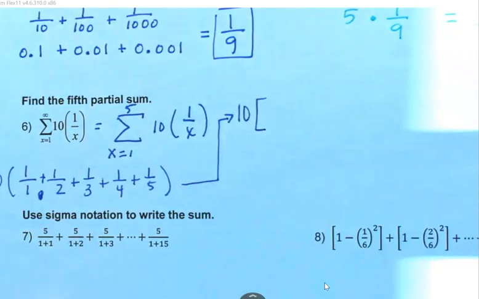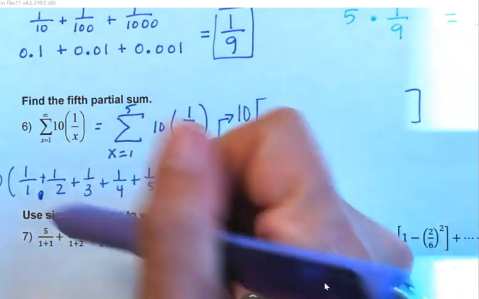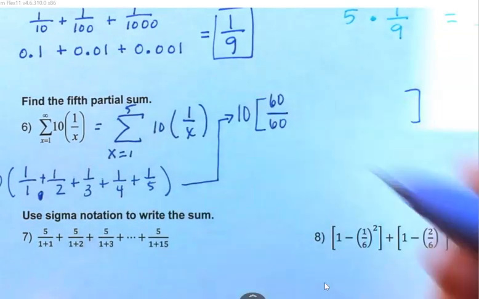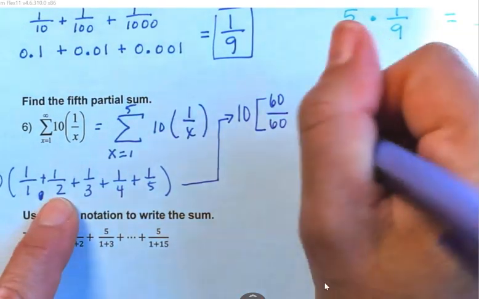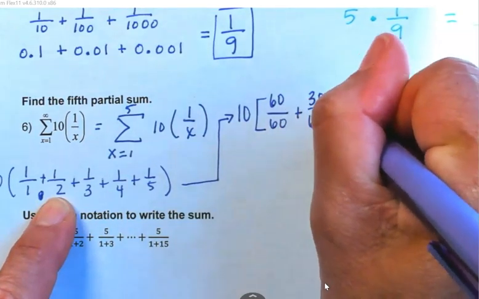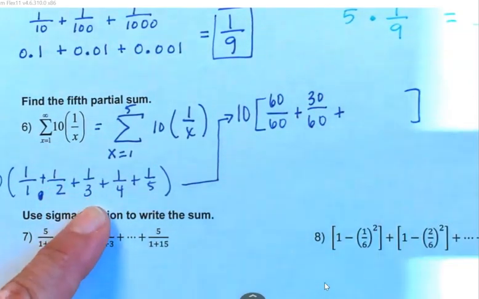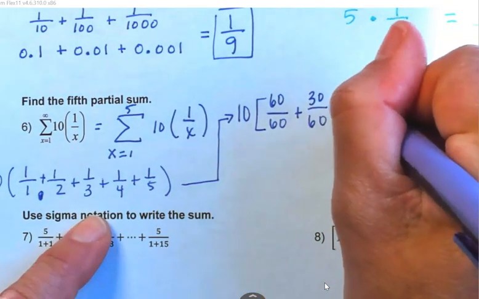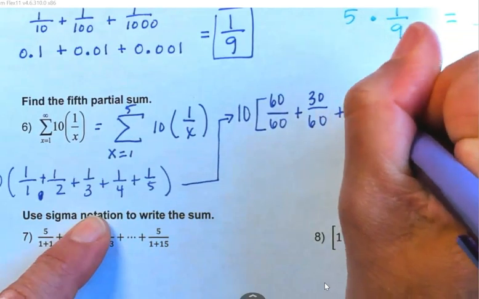Y'all in pre-cal, y'all can totally handle that. All right, 1 over 1 in terms of 60 is 60 over 60. There's your whole number. What's half of 60? You know that. It's 30 over 60. What's 1/3 of 60? What's 60 divided by 3? It's 20. So 1/3 is 20 over 60.